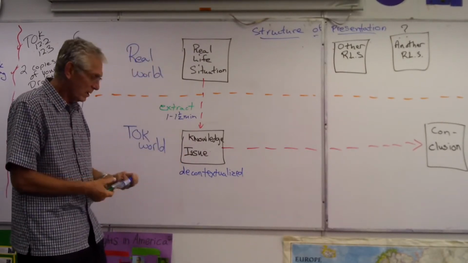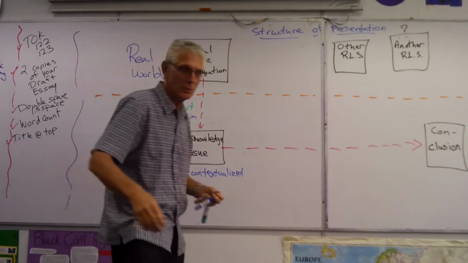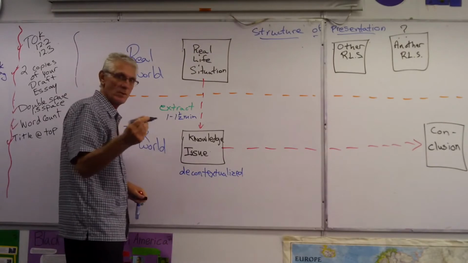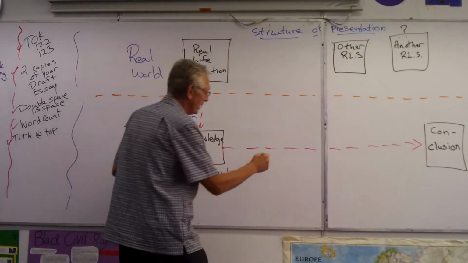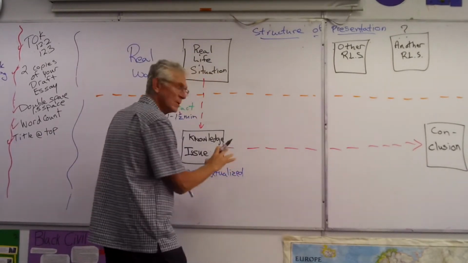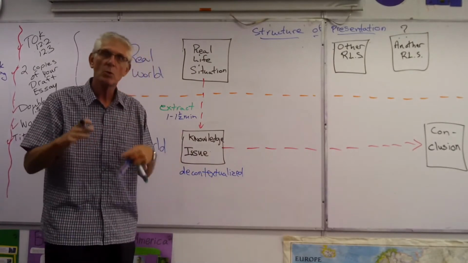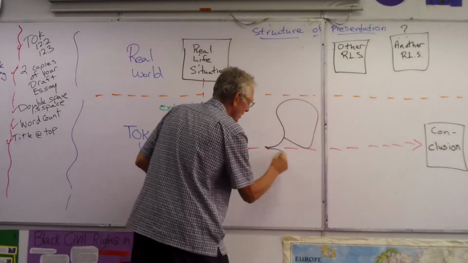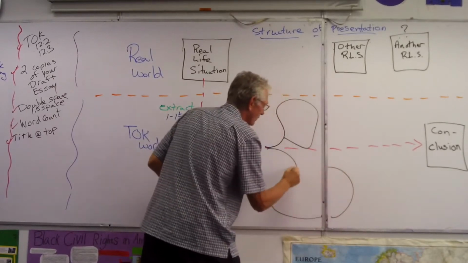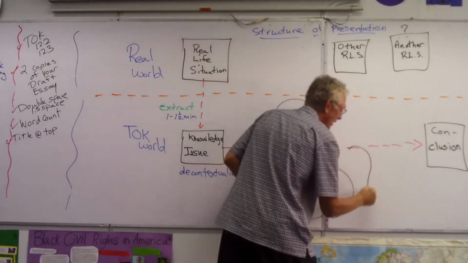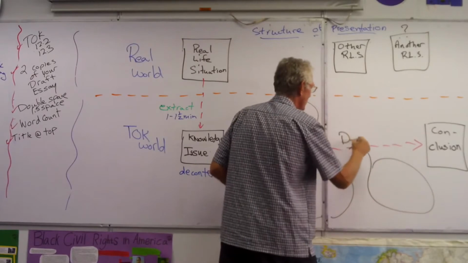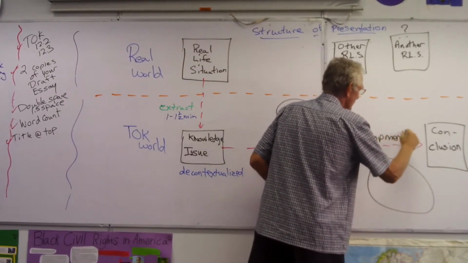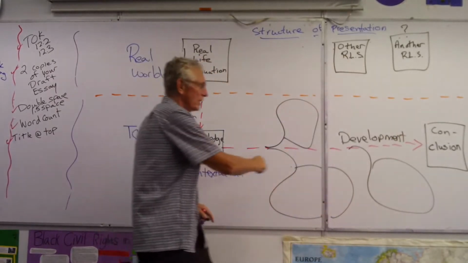From there, you move to have a series of developments in your essay. Those developments are claims or ideas about your knowledge issue. They go off this way in the development phase, which is along here.